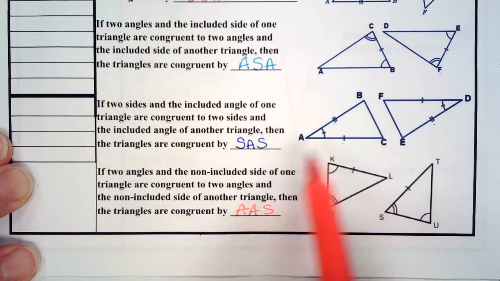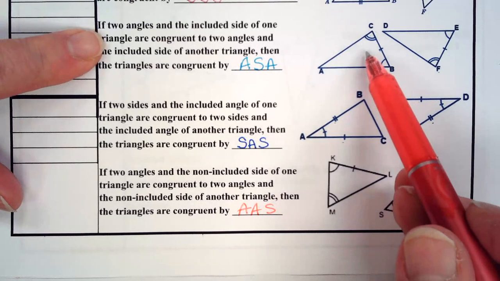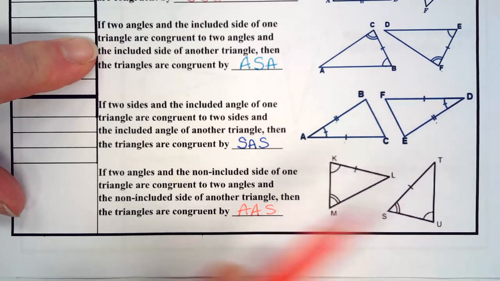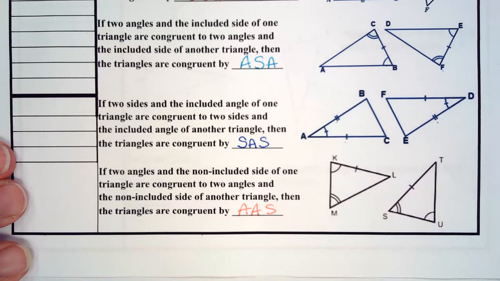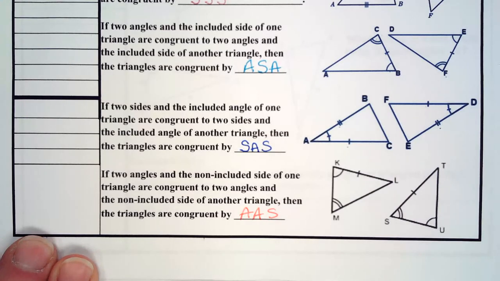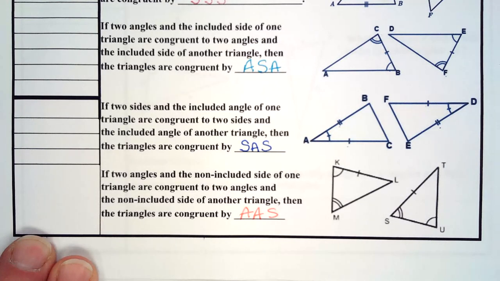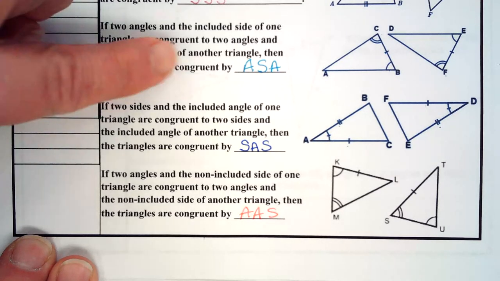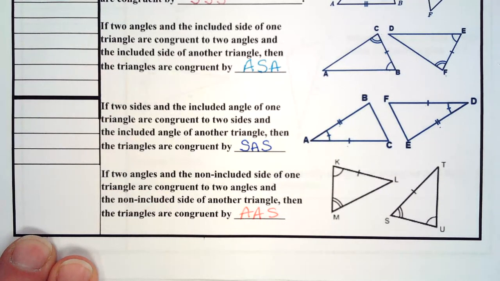Okay, angle-angle-side and angle-side-angle are very, very similar because we know if two angles of one triangle are congruent, then the third has to be congruent because the triangle sum theorem states the sum of the angles of a triangle add up to 180 degrees. So these two are very similar using the same idea.